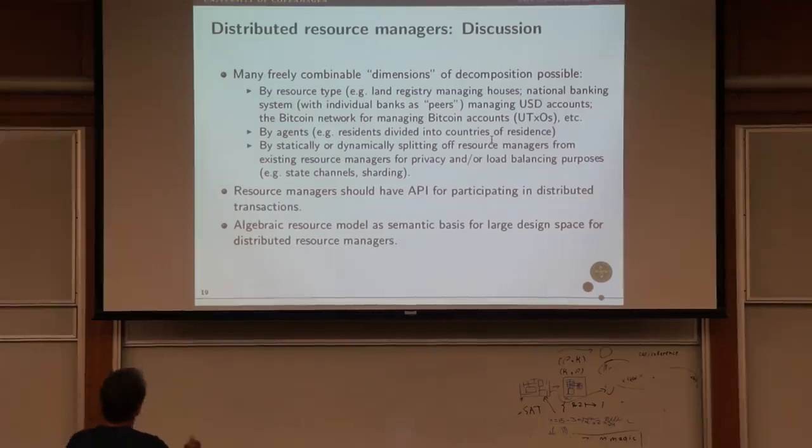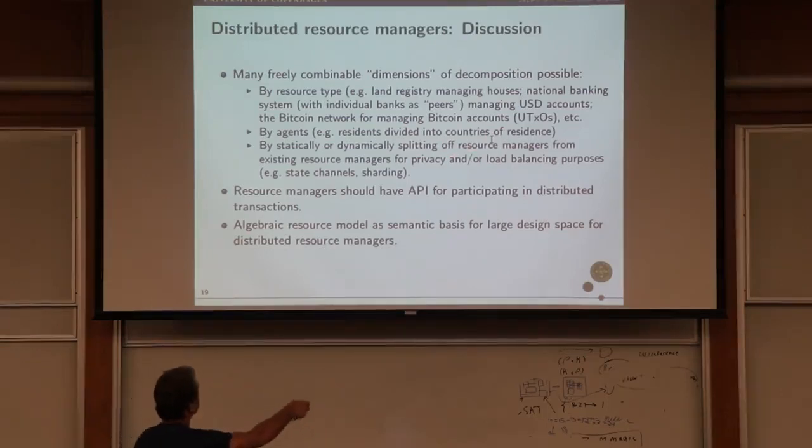So we can also split it up by agents. You could say agents could be in arbitrary fashion, but just partition the agents you have in some fashion. So let's take all the citizens that are residents in a particular country and say that's one set of agents.